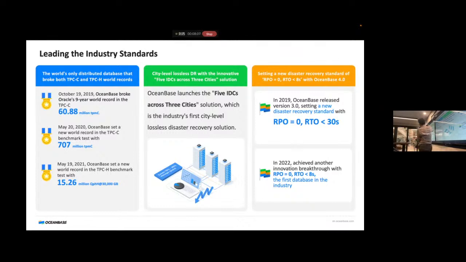And we also came up with this really unique solution. Initially, when I joined OceanBase, I had no idea what this meant, but what it really means is that you don't have just a single layer of protection, you have multiple failure modes, right? So you have 5 data centers in 3 different cities. In Singapore I'm only in one city, so it could be 3 different data centers, or 5 different data centers in 3 different locations, sorry.